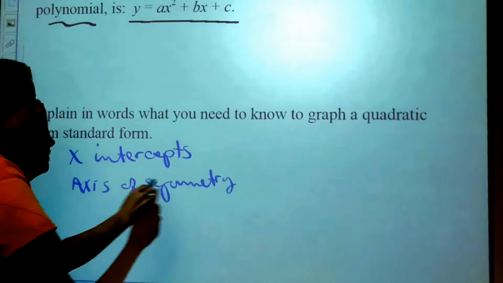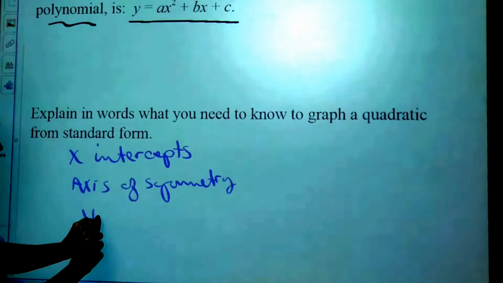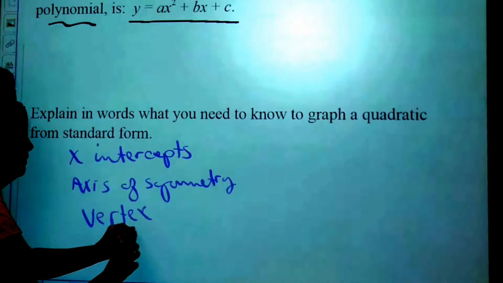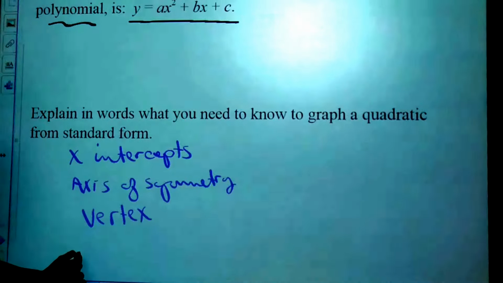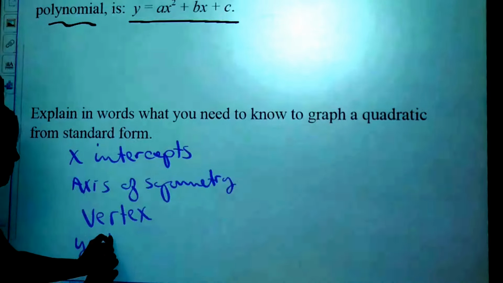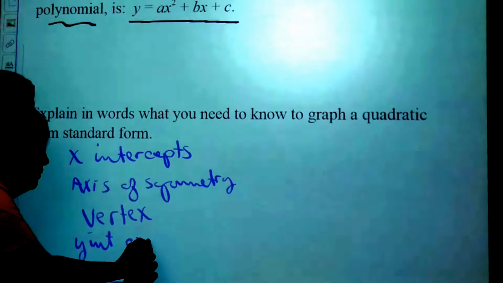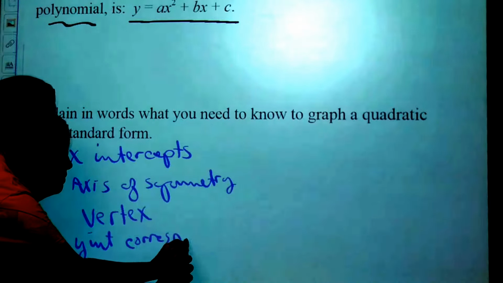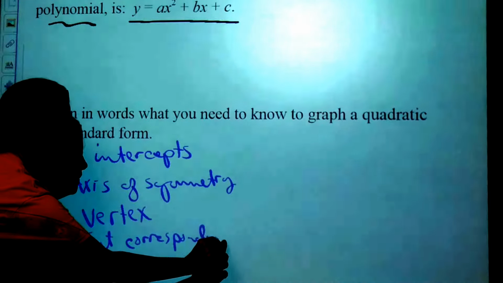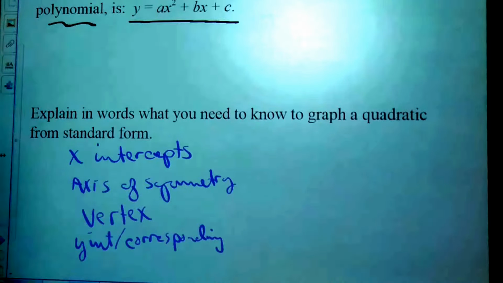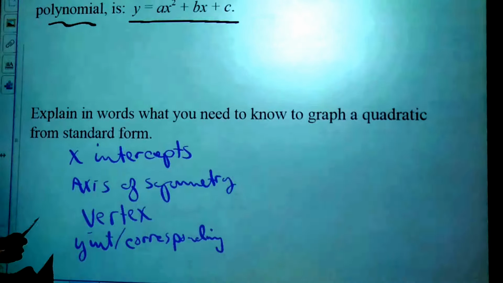And then the axis of symmetry will help you find the vertex. And another thing you can look for is the y-intercept along with its corresponding point. And remember, corresponding just means a symmetric point. You flip it across the x-axis. So these 4 things basically.